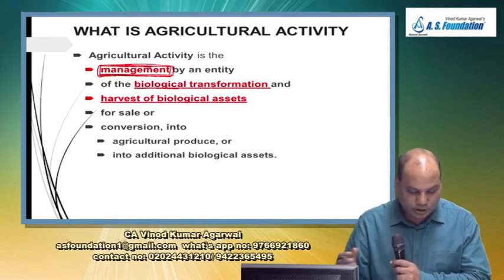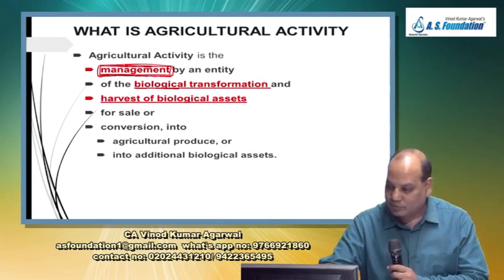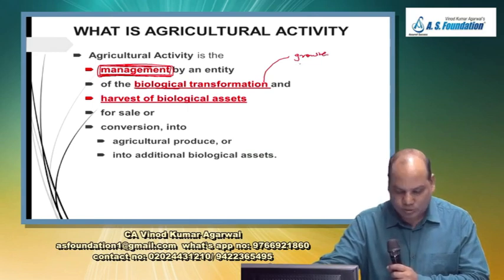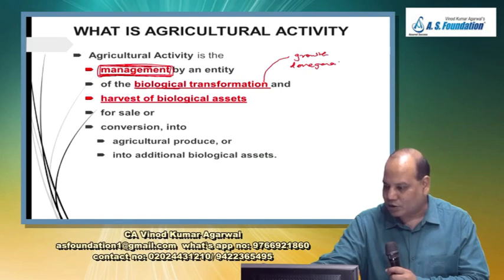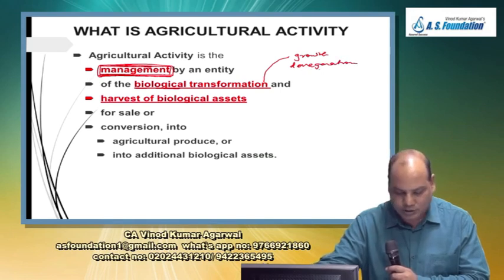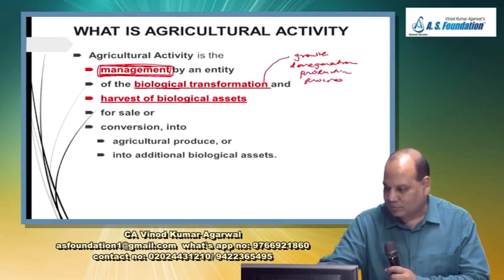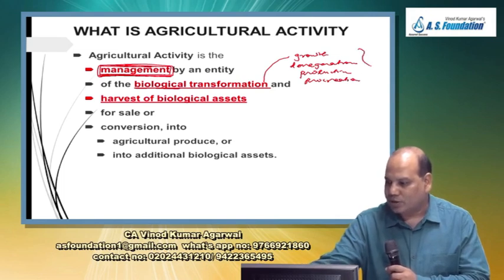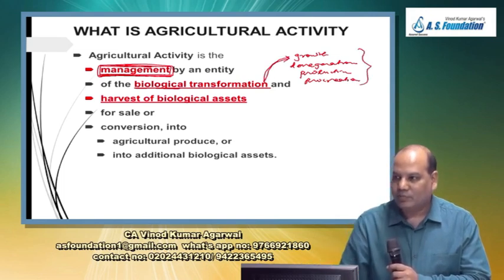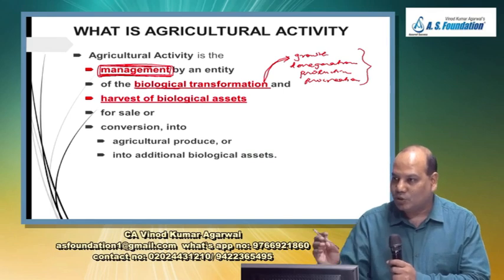Management of the biological transformation. This word biological transformation is defined somewhere below. So you take an active part in growth, degeneration, production, procreation. That means you create the environment. Okay. You provide all the necessary facilities to the living plant and animal so that there will be growth.